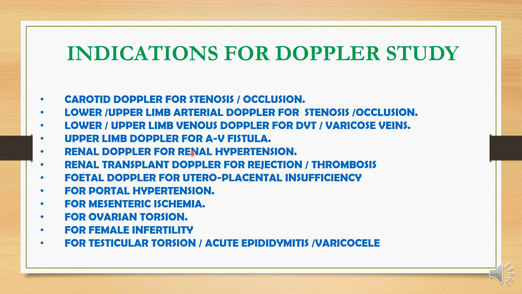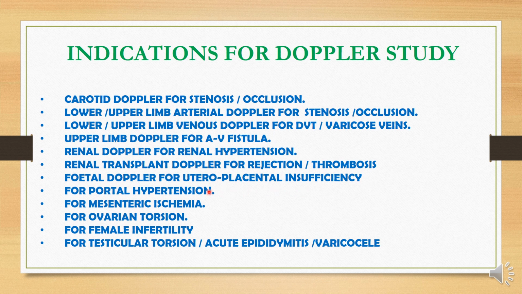Renal Doppler is done to rule out any cause of renal hypertension and also to rule out any medical renal disease. And the same indication is also for the transplant kidneys to see for any acute or chronic rejection or thrombosis. Fetal Doppler is very popular nowadays to rule out any uteroplacental insufficiency.